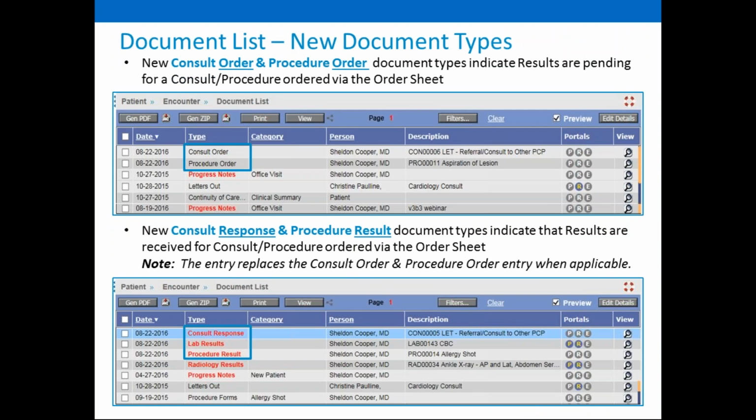When you choose either of those options, consult or procedure, it's going to filter your document list accordingly, and it depends on the status of that order as to which document it's going to filter to. Because you could have it as an order, meaning results haven't come in yet, or if you've started getting results from the outside agency to where you referred the patient, then it's going to be in a result status.